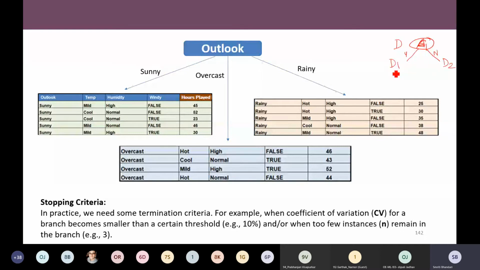D1 has only those examples for which the A1 value is Y, and D2 has only those examples for which the A1 value is no. Further, we are going to select another attribute.